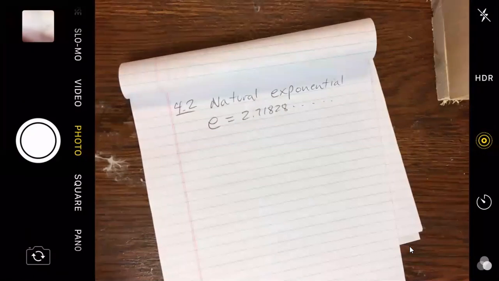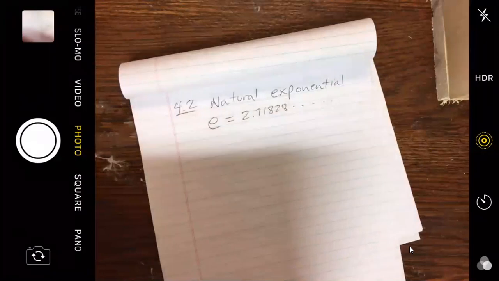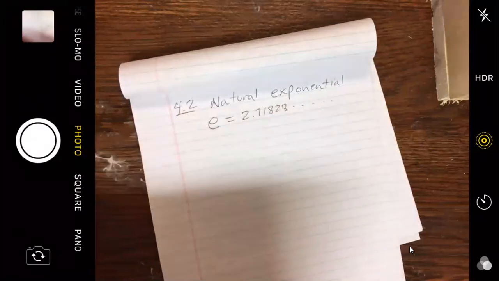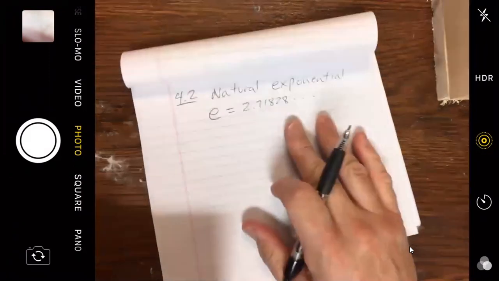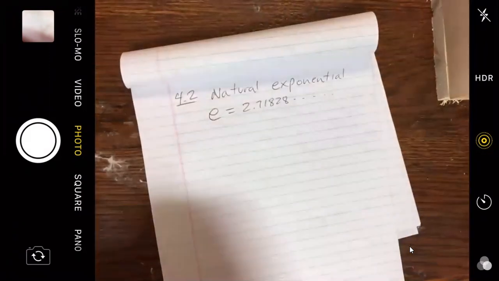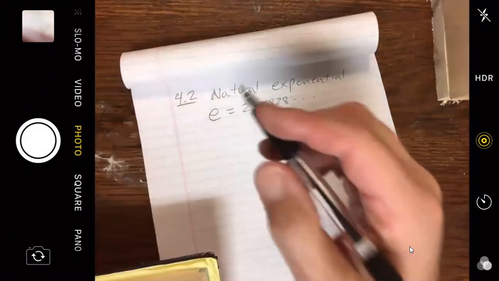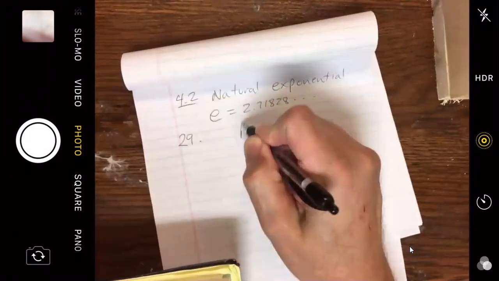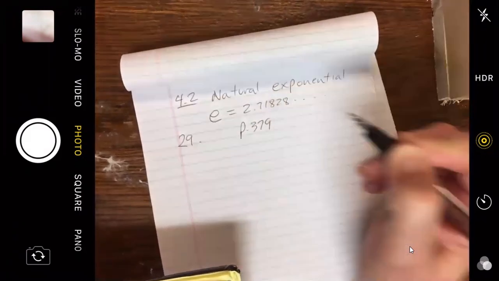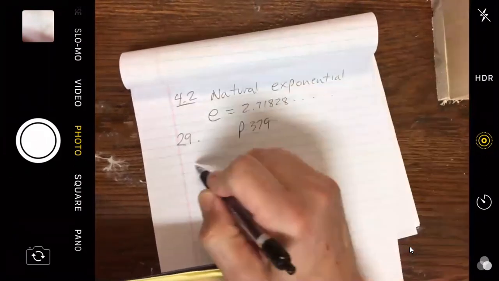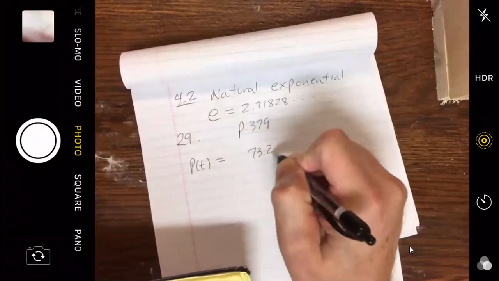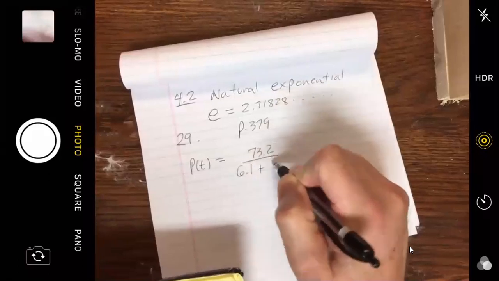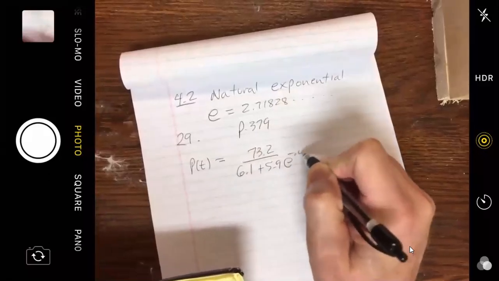Try one like 29. This is off page 379. And so P of t equals 73.2 over (6.1 plus 5.9 e to the negative 0.02t).